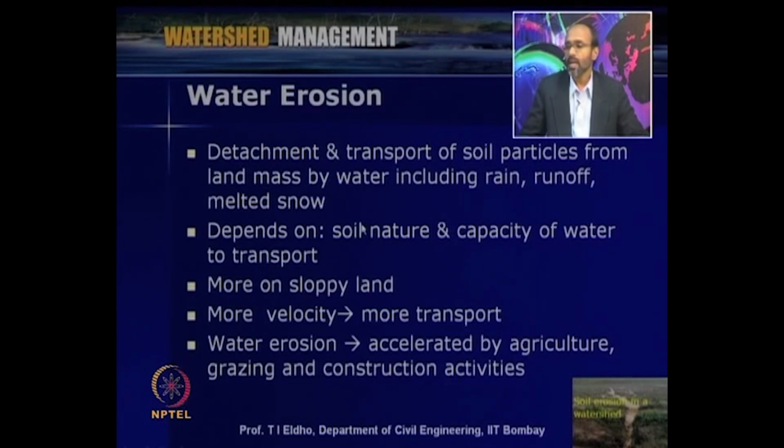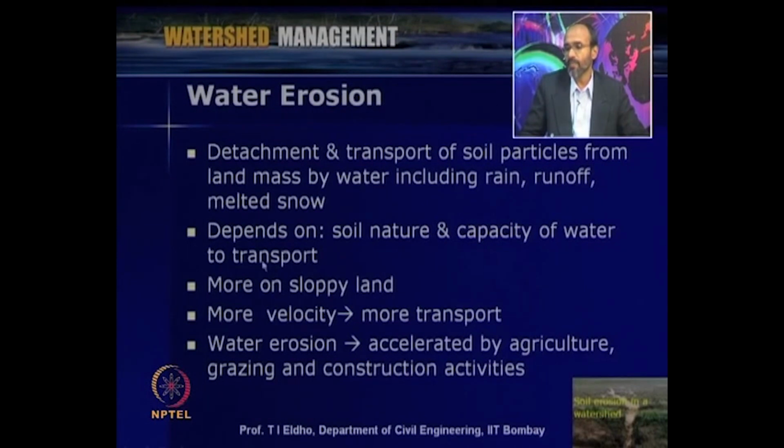We have already seen that depending upon the soil texture and soil material, the detachability, that means due to the force of the precipitation or the water movement, soil grains will be detached from the land and that will be transported. So, that way the water erosion depends on the soil nature and the capacity of water to transport.